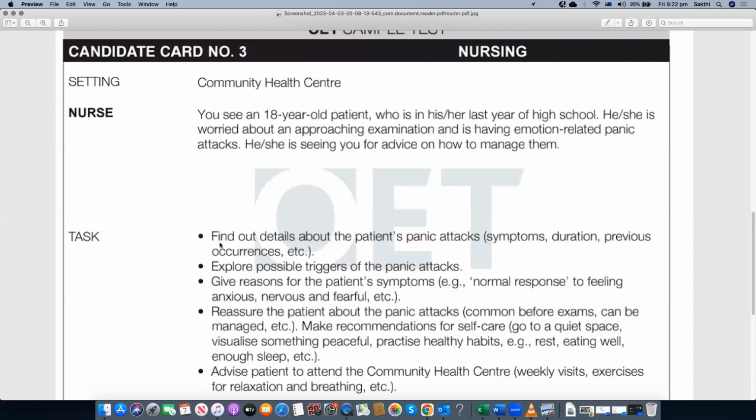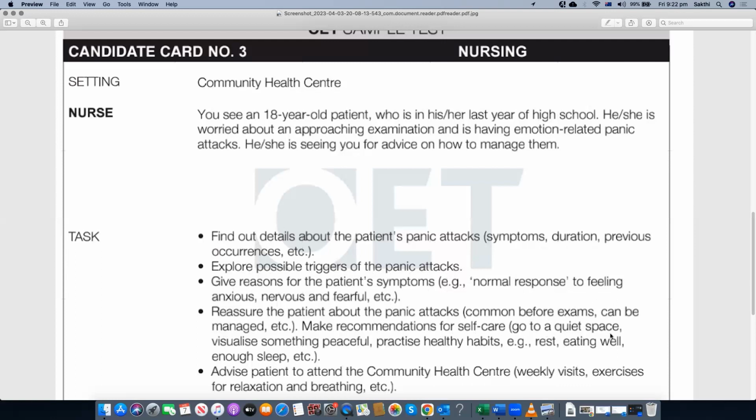The first one is, you as a nurse need to find out details about the patient's panic attacks, for example symptoms, duration, previous occurrences, etc., and explore possible triggers of the panic attacks. Give reasons for the patient's symptoms, example normal response to feeling anxious, nervous and fearful, etc. Reassure the patient about the panic attacks, common before exams, can be managed, etc. Make recommendations for self-care.